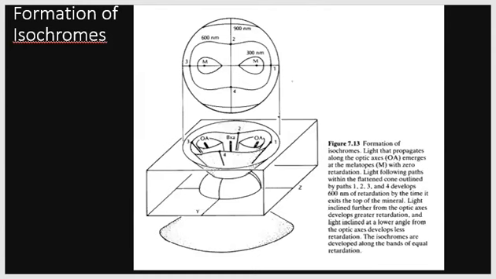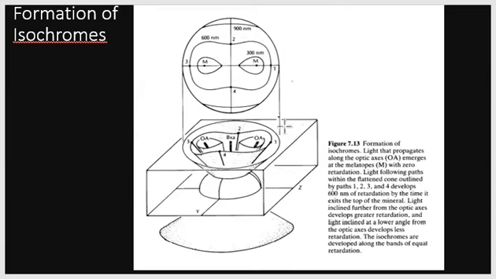We will see how the isochromes form. In the previous discussion on the uniaxial interference figure, we saw that to form the interference figure, we need to make some minor adjustment in the microscope, especially for the conoscopic study. With the conoscopic adjustment, you get a cone of light traveling through the mineral thin section.